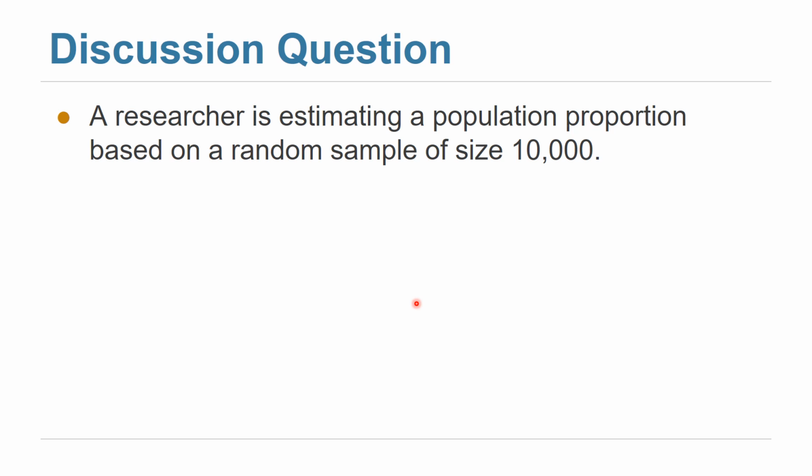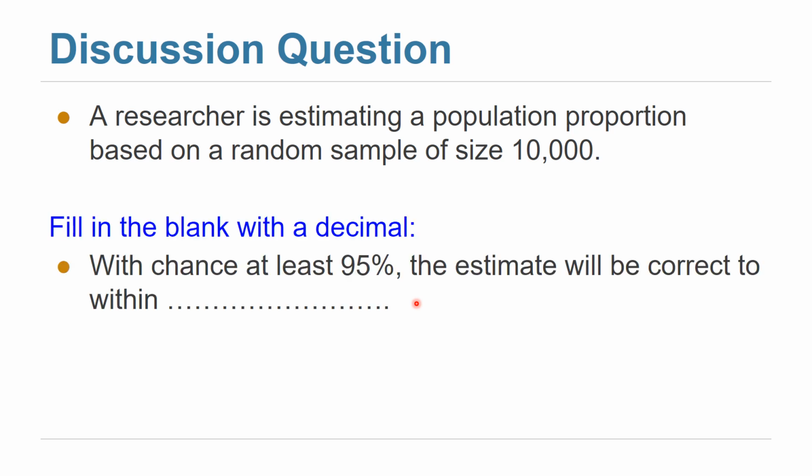The second question: a researcher is estimating a population proportion based on a random sample of size 10,000. Fill in the blank with a decimal number: with a chance of at least 95%, the estimate will be correct to within what?